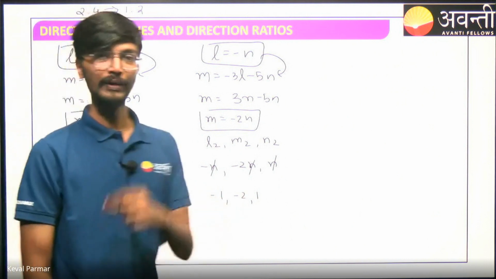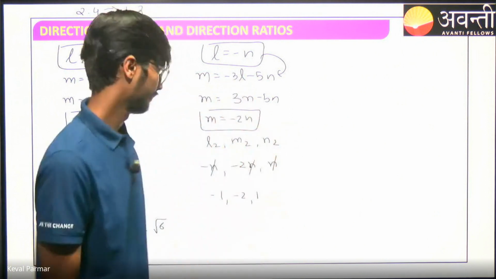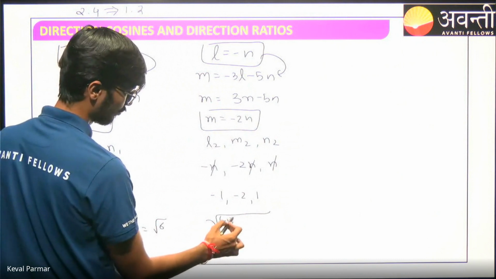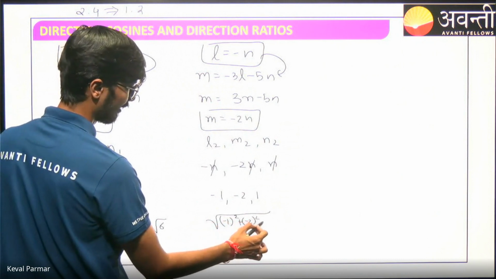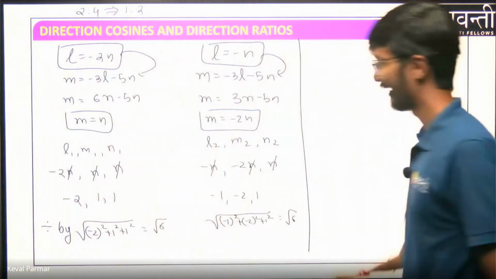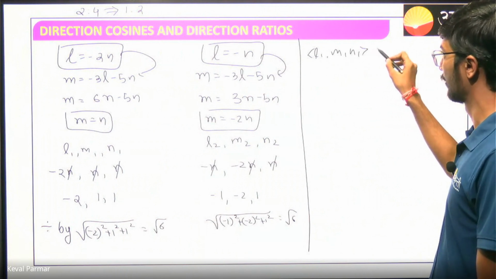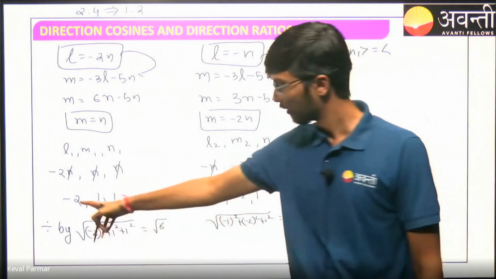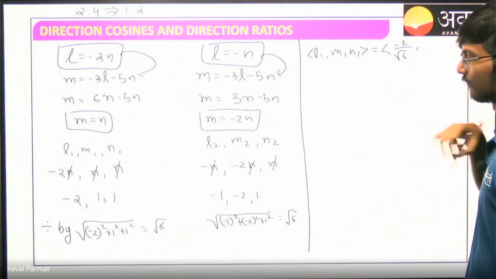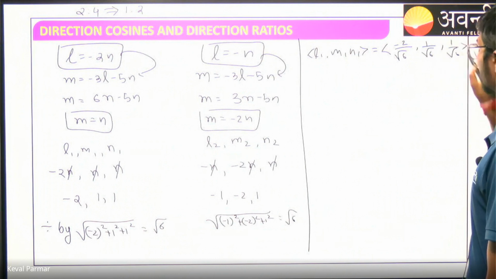Similarly here, to get direction cosines, meaning L, M, N, I have to divide by under root of minus 1 square plus minus 2 square plus 1 square, which is again root 6. So now I can write my pair L1, M1, N1 as minus 2 by root 6, 1 by root 6 and 1 by root 6.